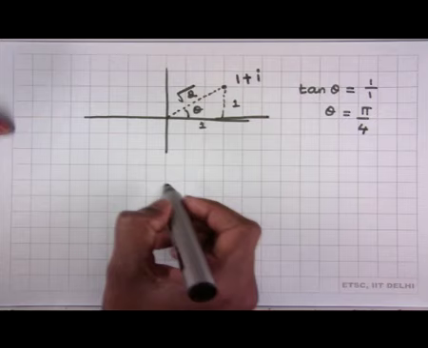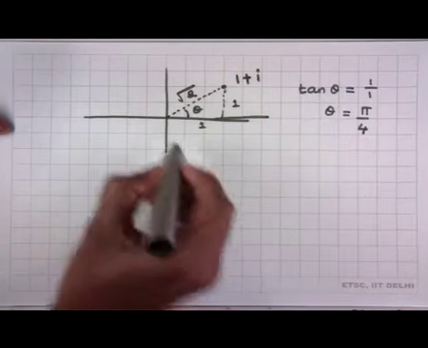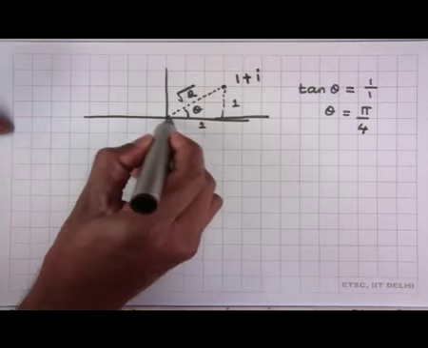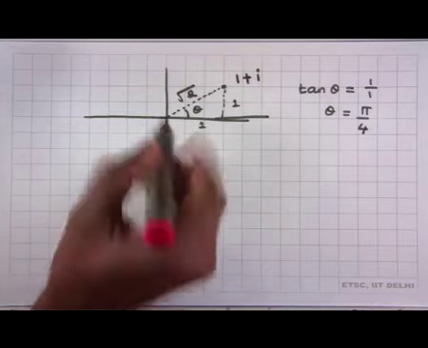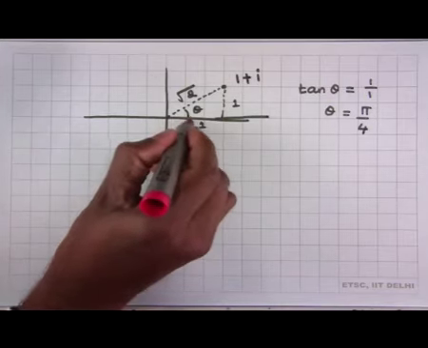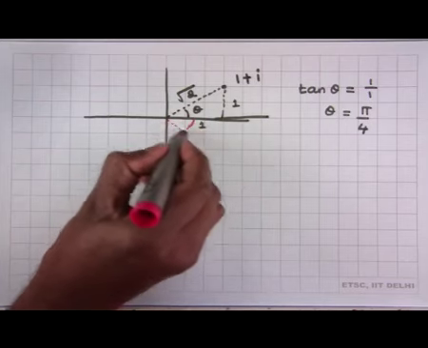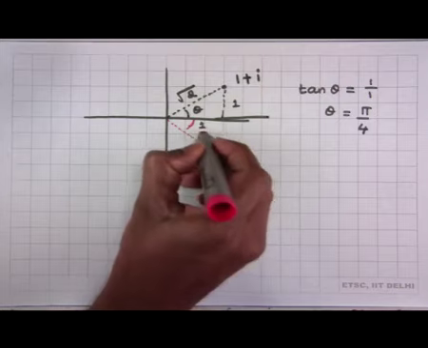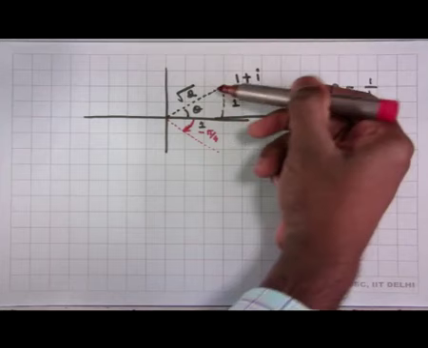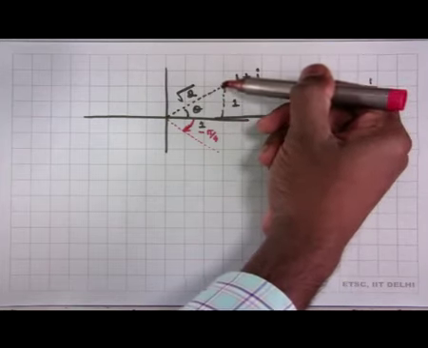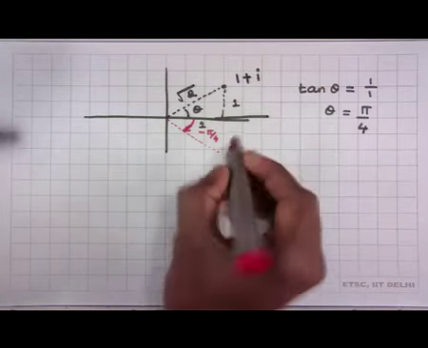Now, minus theta means the opposite direction, which means minus pi by 4 if you measure from the other side, which is nothing but a reflection of this line with respect to the real axis.